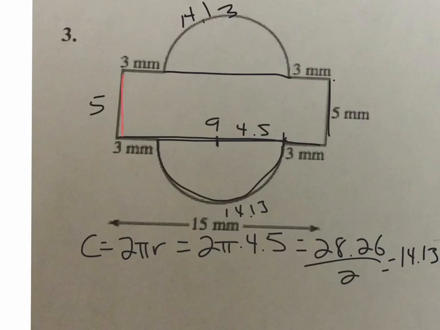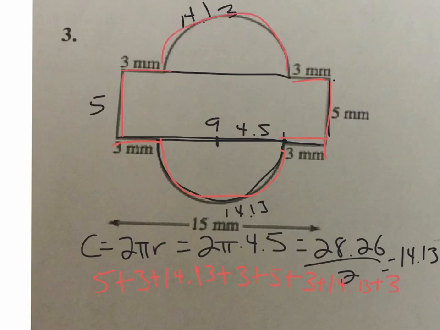Okay, so from there, let's go ahead and add. So I have 5 plus 3 plus 14.13 plus 3 plus 5 plus 3 plus 14.13. That's that, plus that last 3.